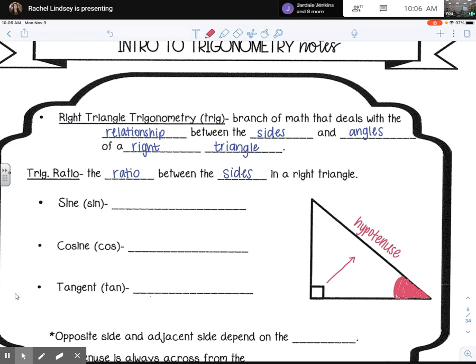Adjacent, remember, that means that if they touch each other, remember with adjacent angles, that means they touch. And then opposite just means it's on the opposite side of the triangle. So looking at this triangle and this angle right here, this side is directly opposite it. So that's what we would call the opposite side to that angle. This angle touches this side, so that would be the adjacent side.